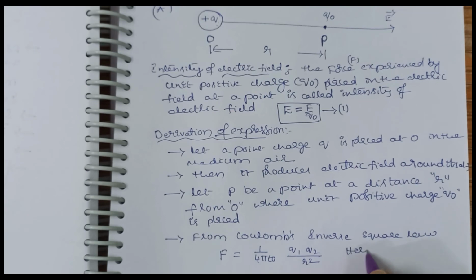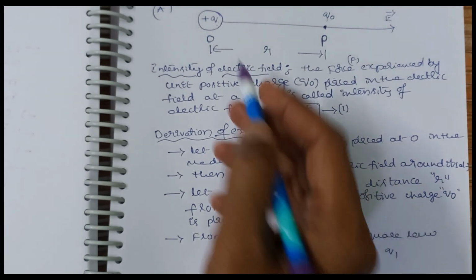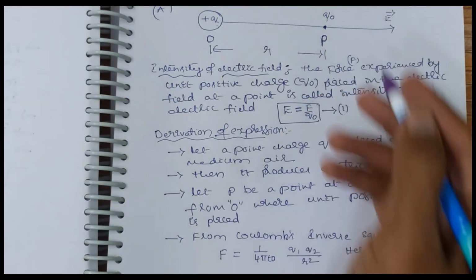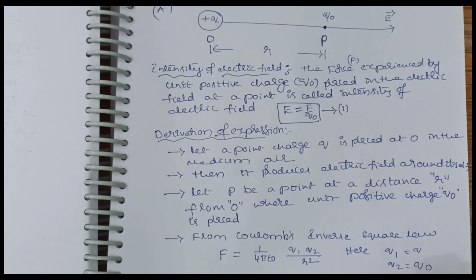Here Q1 is taken as Q, Q2 is taken as Q naught, and distance between them is R.